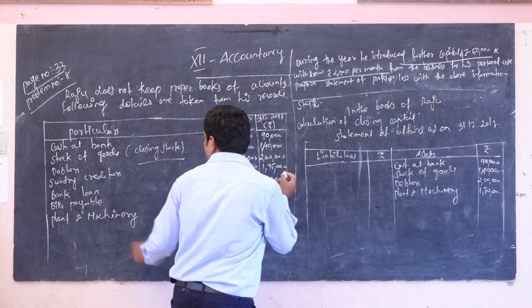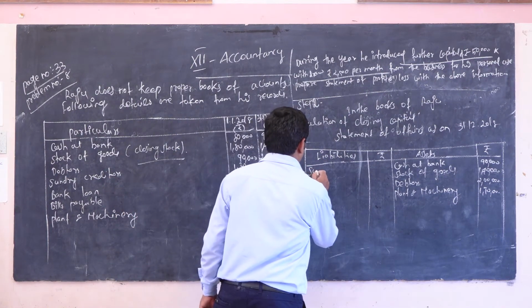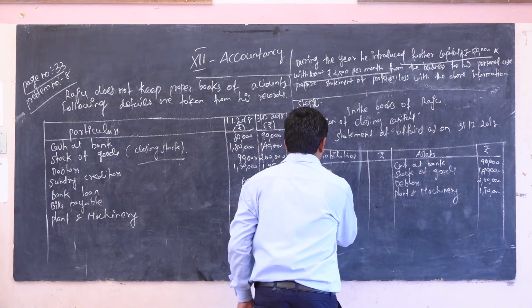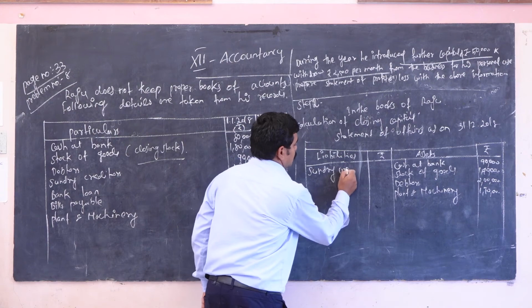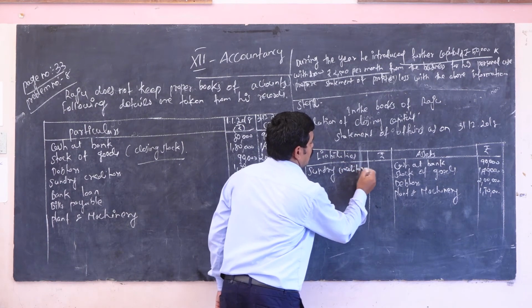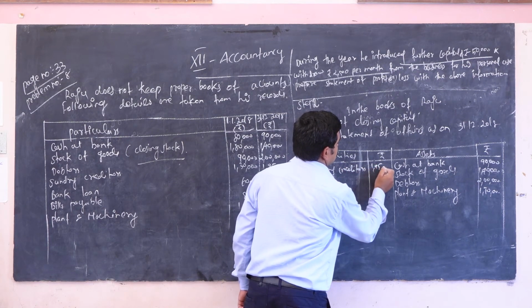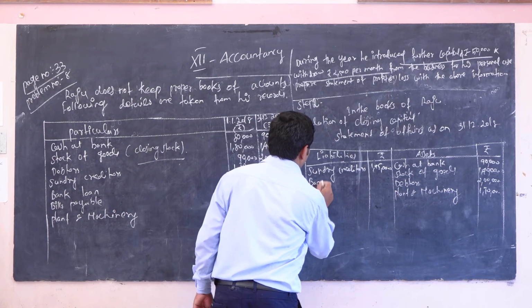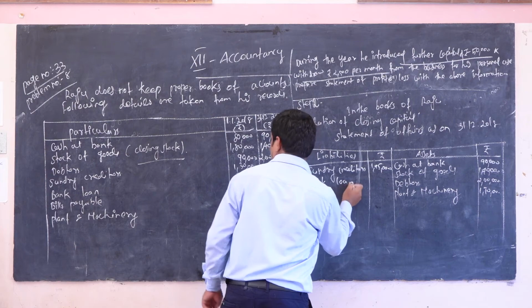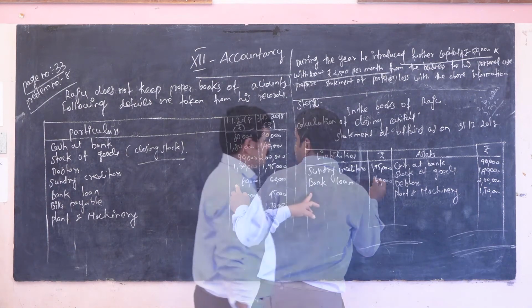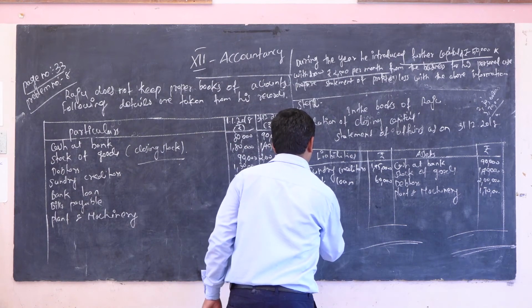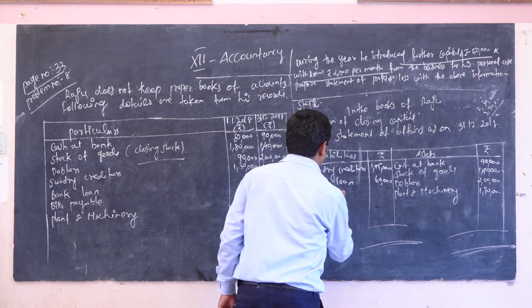Sundry creditor 1,95,000. Next bank loan 60,000. Bills payable 45,000.